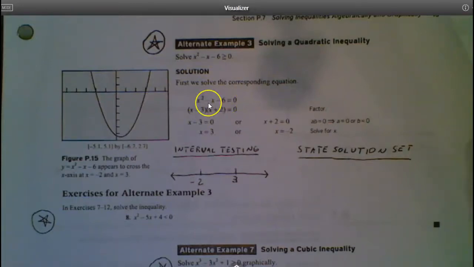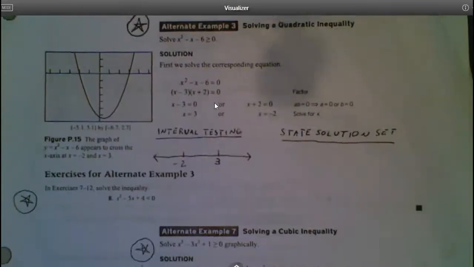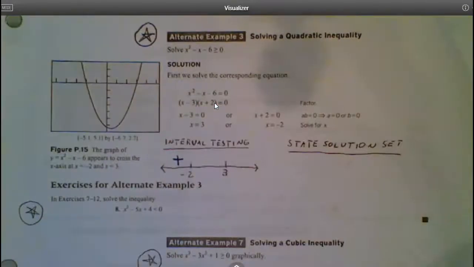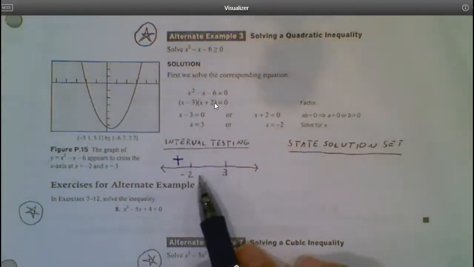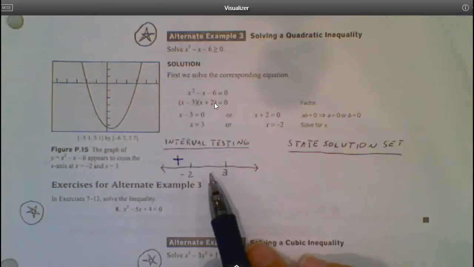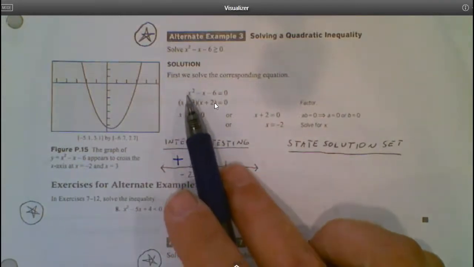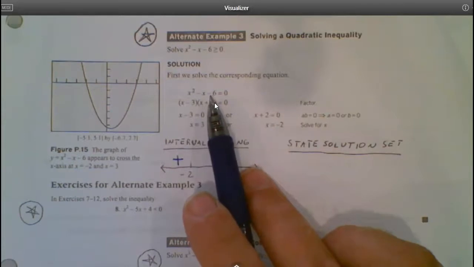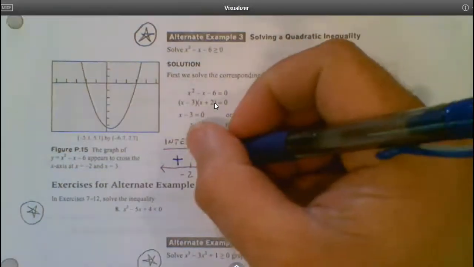If I plug in any number below -2 for x, I'm going to see that I get a positive result. If I pick any number between -2 and 3, probably 0 would be the easiest. So if I plug in a 0 for x, you can see that I'm going to come out with a negative result. I would get -6.